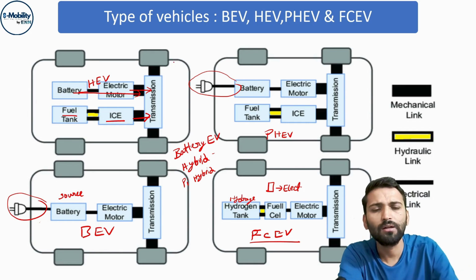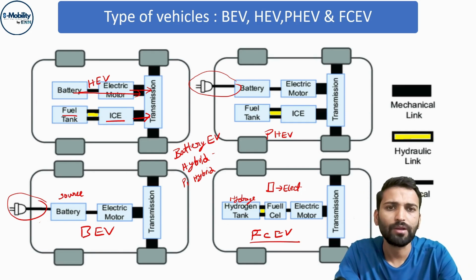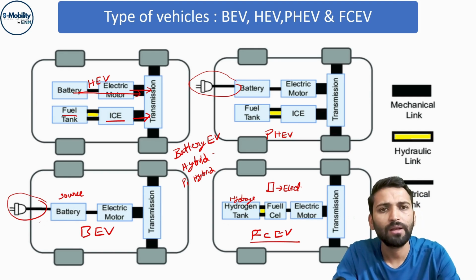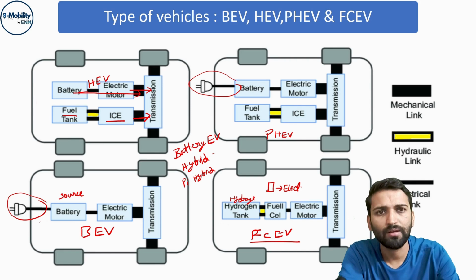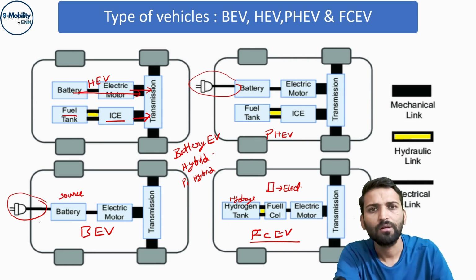In all the other three types of vehicle, that is the battery electric vehicle, the hybrid electric vehicle or the plug-in hybrid electric vehicle, the source of energy relies only on the battery or the fuel tank. In case of the fuel tank, we are using petrol or diesel or gasoline, whatever petroleum product, the energy derived from the petroleum product.